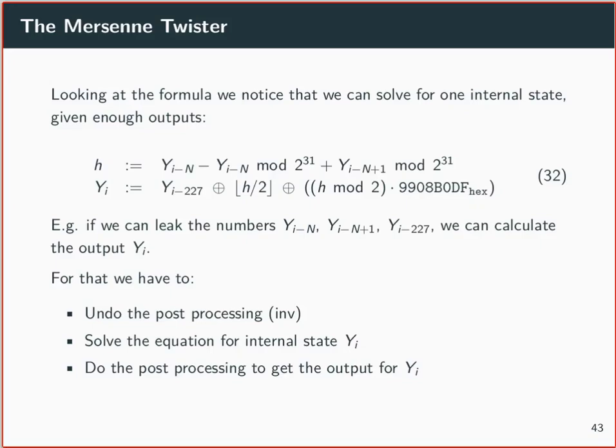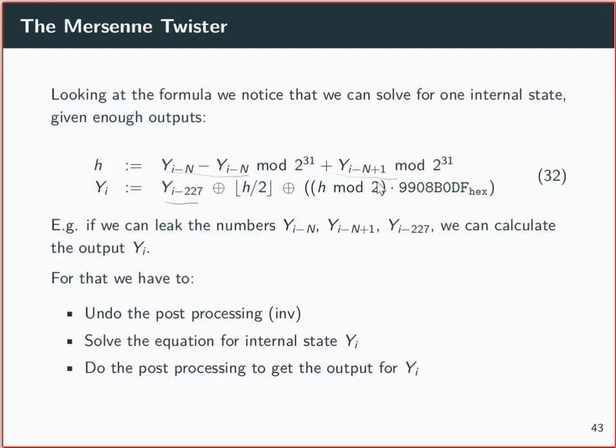So looking at the formula of how internal states are calculated, we can see that if we have outputs, we might be able to recover other internal states because one internal state only depends on 3 other states.